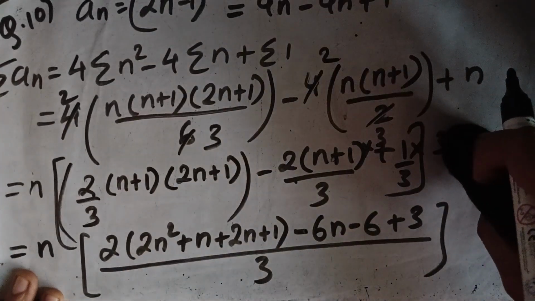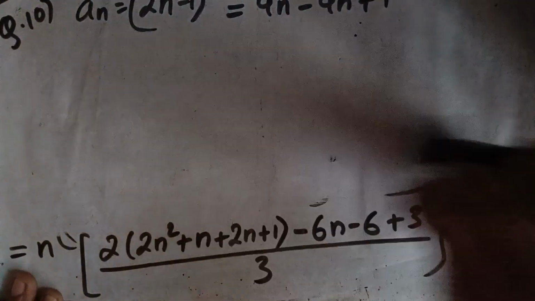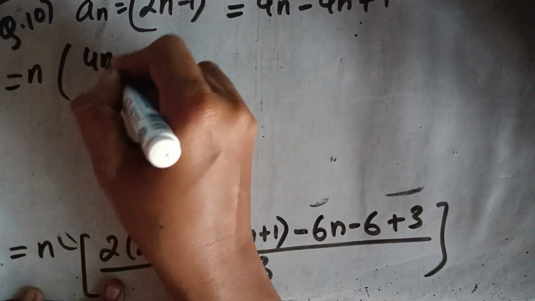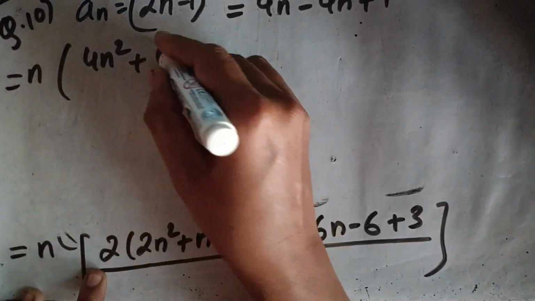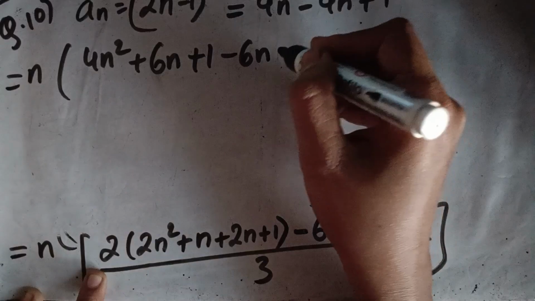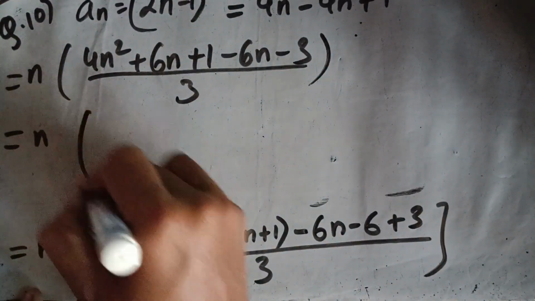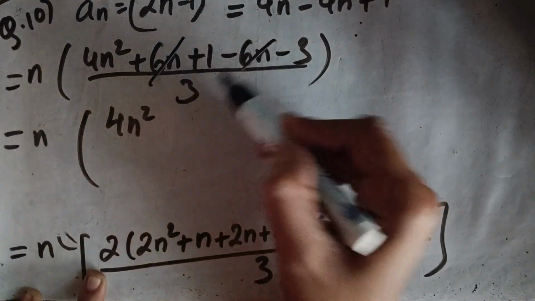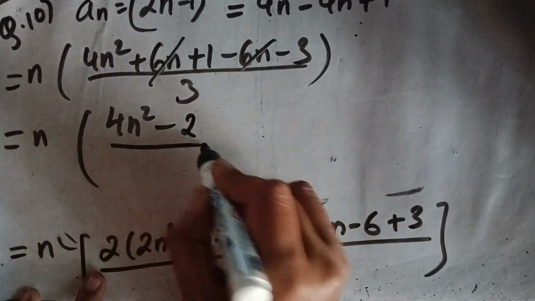and 4, 3 to the 6. 1 minus 6n minus 3. So 4n square minus 2.